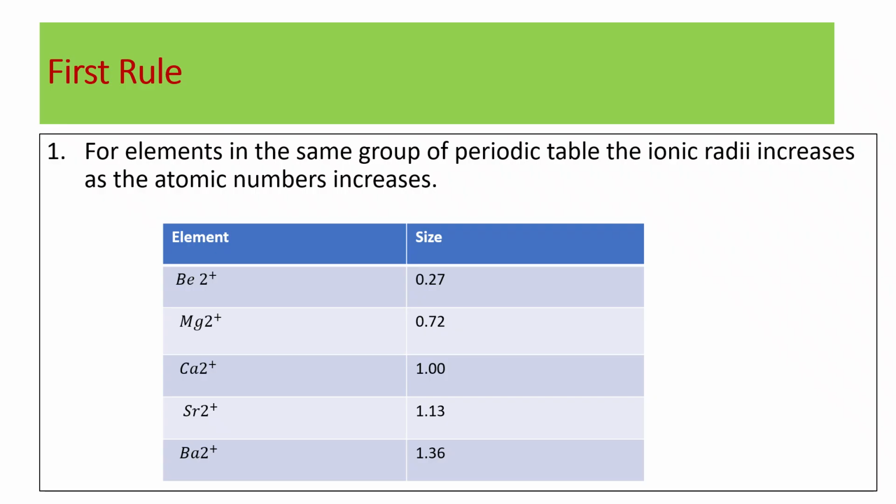Calcium, atomic number 20, has an ionic radius of 1. Strontium, atomic number 38, has an ionic radius of 1.13. Followed by barium, atomic number 56, with an ionic radius of 1.36. So, as the atomic number increases, the ionic radius increases.